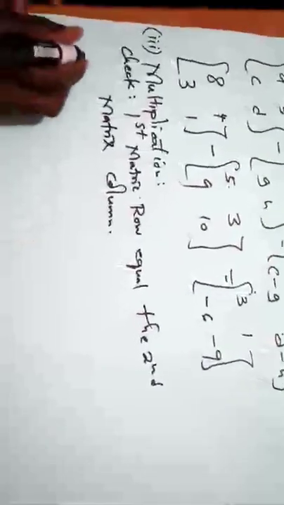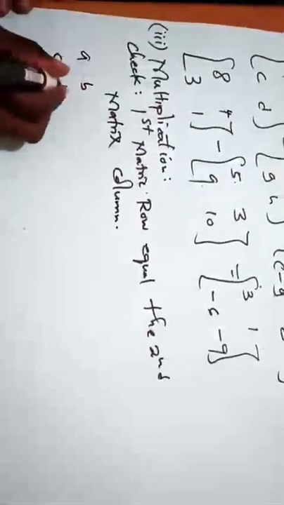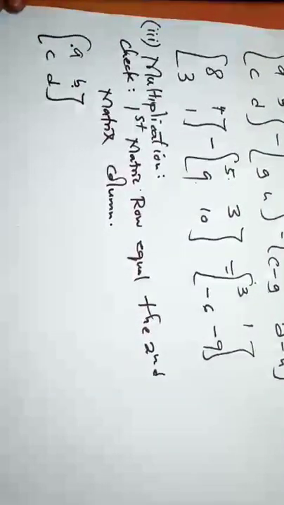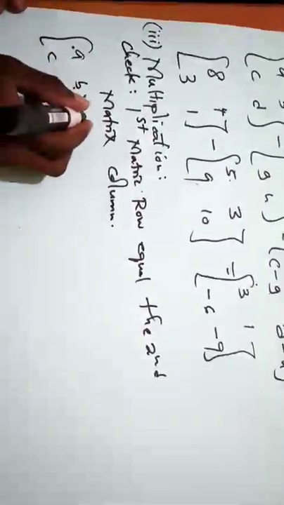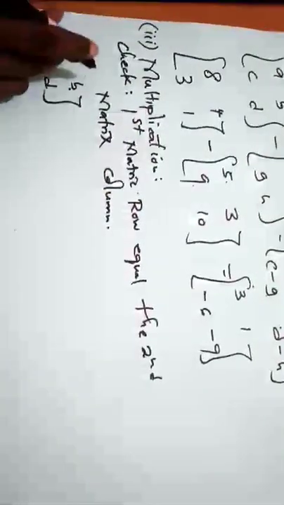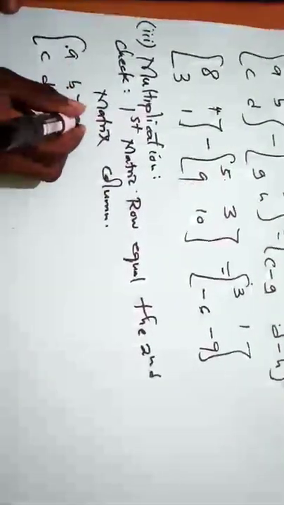What do I mean? If we have A, B, C, D matrix, so our row has two elements, A and B. So we mean that the column for this other matrix should be having the two elements.